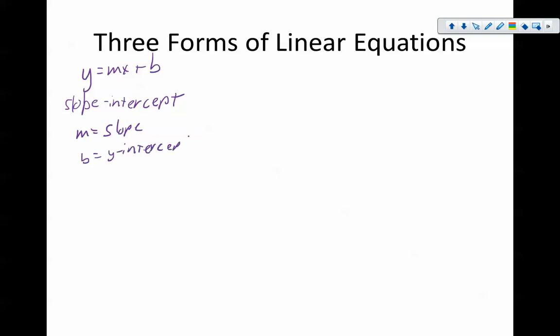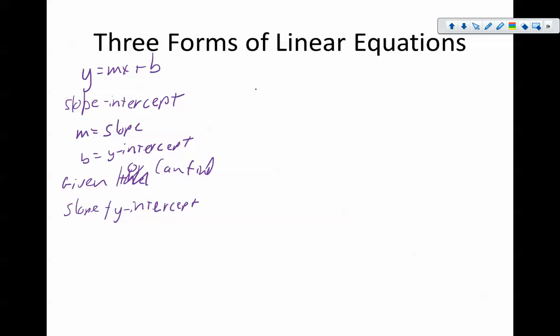And so if we are given, or can find, slope and y-intercept, this is the type of equation that we want to use. Okay, so if the information that we can find is slope and y-intercept, this is generally the best form to use.